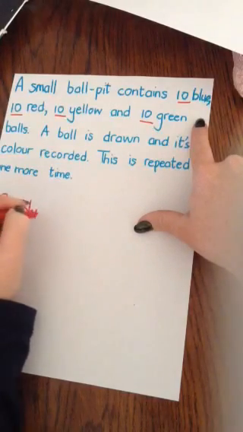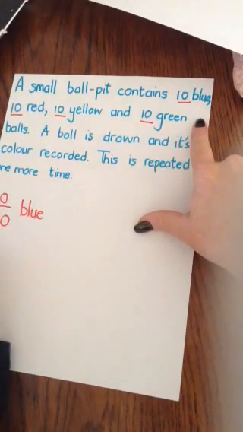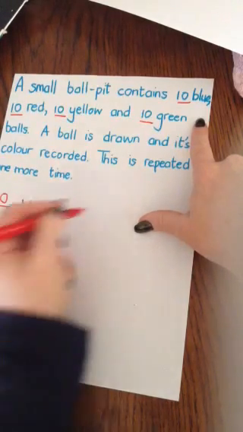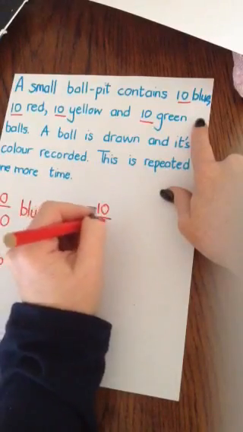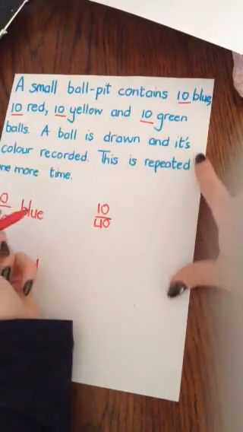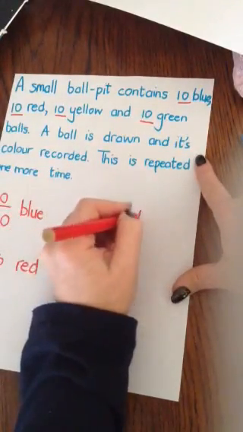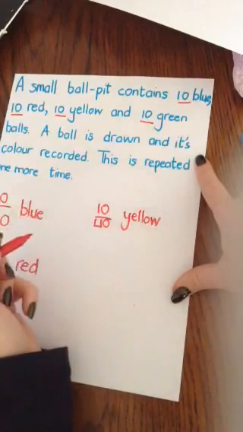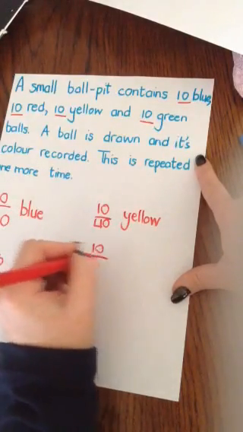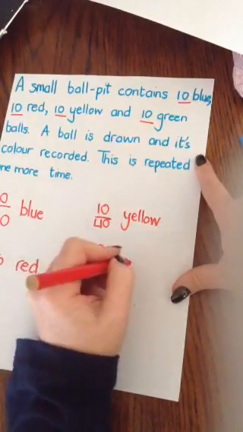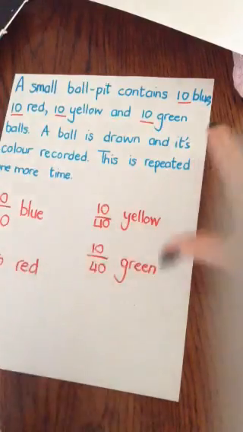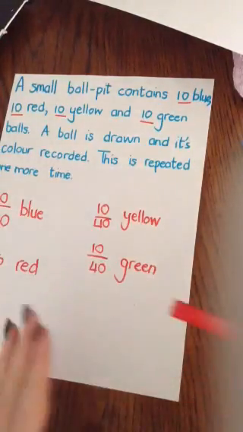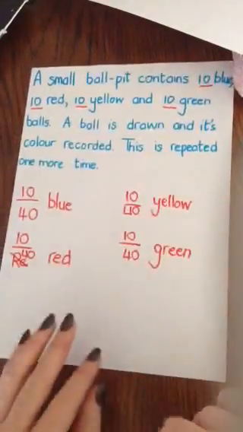Red is 10 out of 40, yellow is 10 out of 40, and green is 10 out of 40. Now, write this down, guys. It really helps you for the next part of the program.